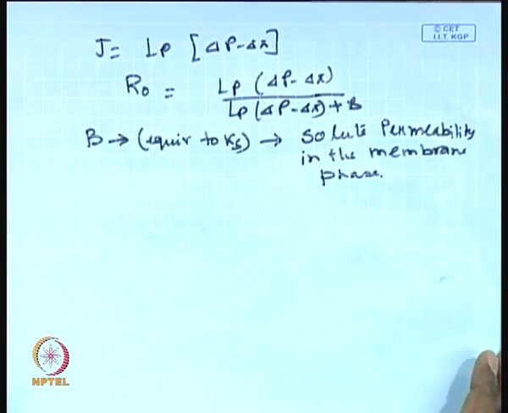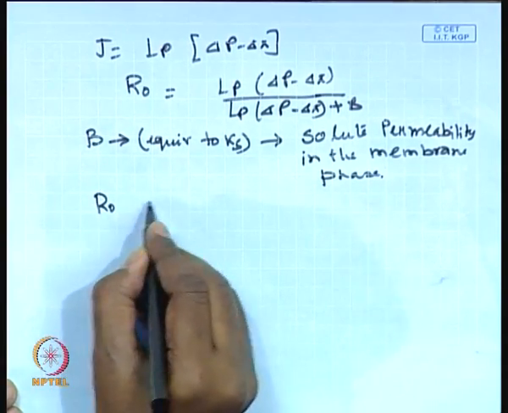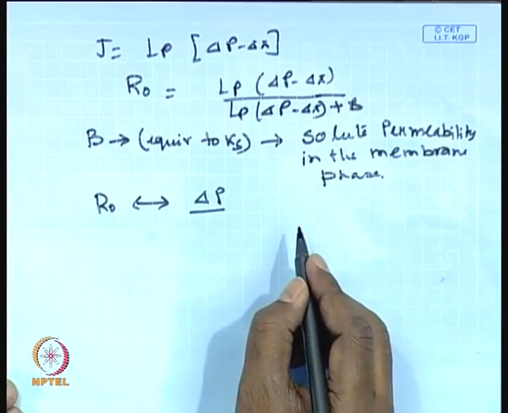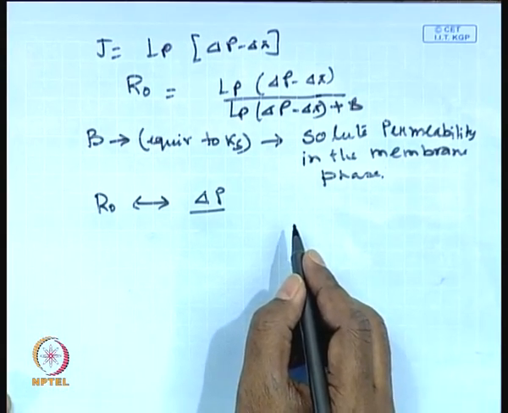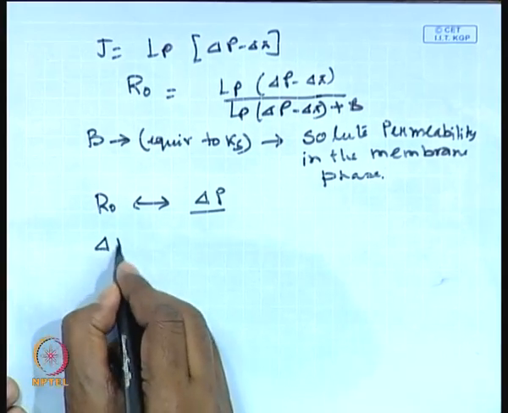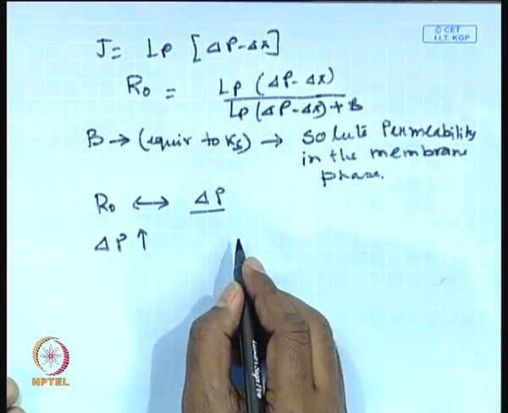Now, let us look into the implication of variation of observed retention, how it varies with an operating condition, which is the most critical in the case of reverse osmosis, that is delta P. If we increase delta P, what happens?